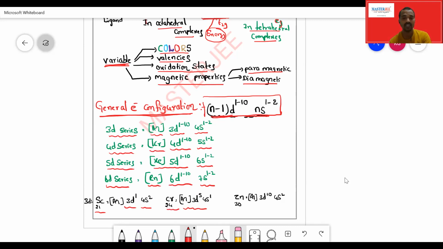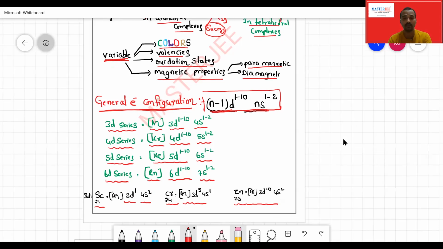That means the (n-1)d level consists of 1 to 10. Zinc, 30, argon 3d10, 4s2. That means 10. So this 4s looks like ns, and this 3d looks like (n-1)d1 to 10. Like that we can express the general electronic configuration, very important.